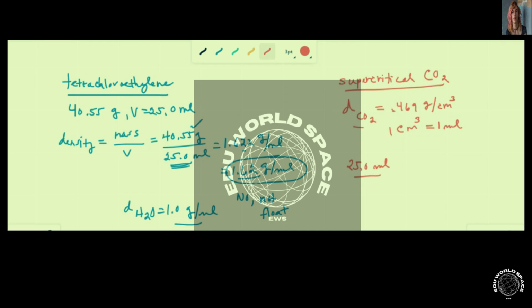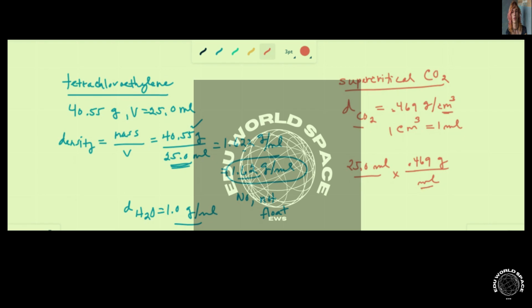So I tell students with questions like this, always start with what you're given. They give us 25.0 milliliters. All right, and the density that we're provided with, remembering that a cubic centimeter is the same thing as a milliliter, we just want to manipulate the density so that we have the units we don't want on the bottom and the units we do want, namely mass, on the top.